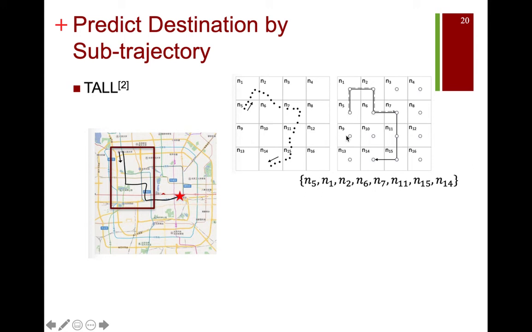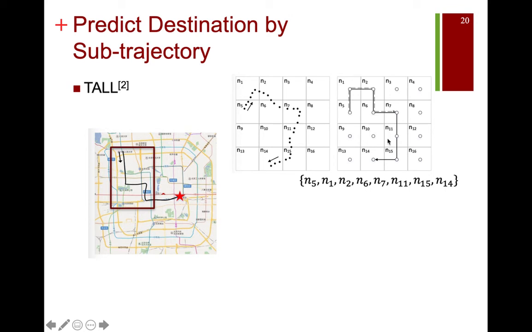Rather than using the simple way I mentioned before, there is another solution that applies the Bayesian rule to calculate the probability of traversing from one grid cell to another based on the historical trajectories. For example, we can calculate how many trajectories traverse from one grid cell to another, and then divide this number by the total number of trajectories in the database, so that we get the probability of traversing from one grid cell to another.